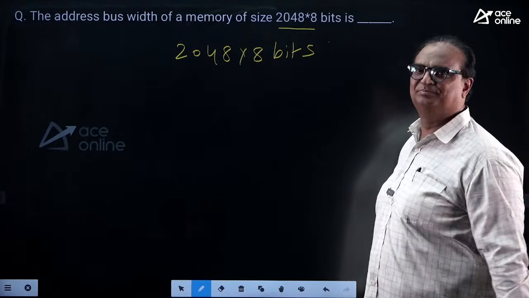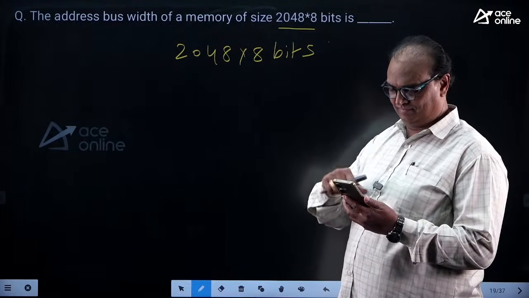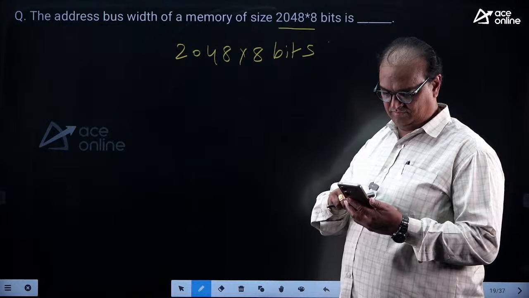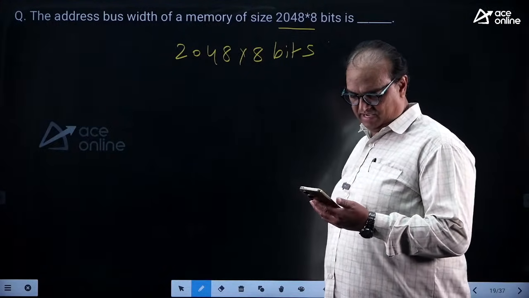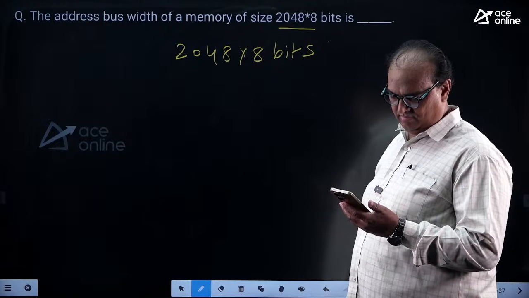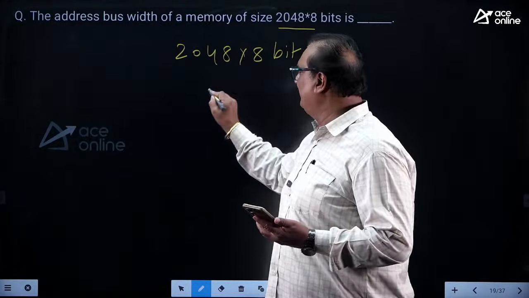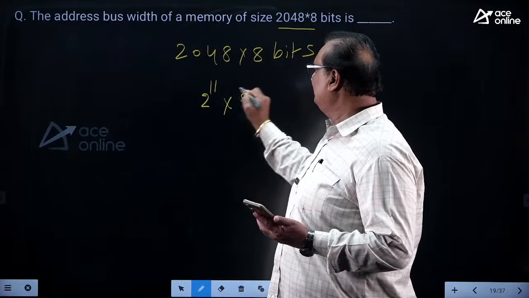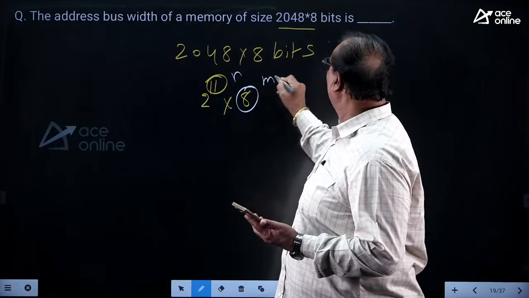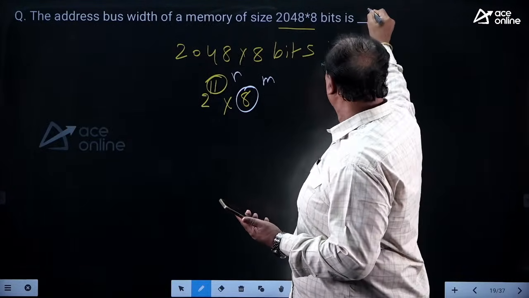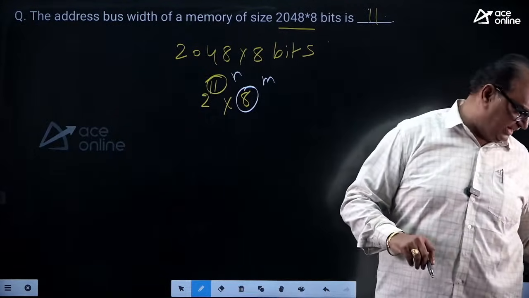Nothing but 2048 means 2 power 11 into 8. 11 is nothing but n, number of address lines. 8 is nothing but m, number of data lines. He asked the address bus size. That's why 11. Next, come to next question.